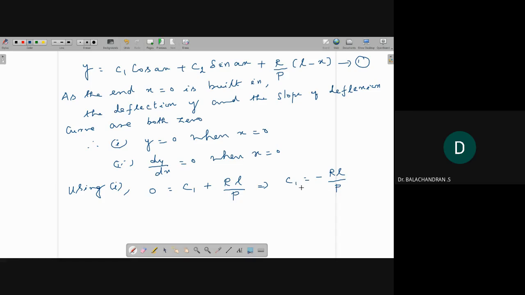To find c2, now I need to find dy by dx.